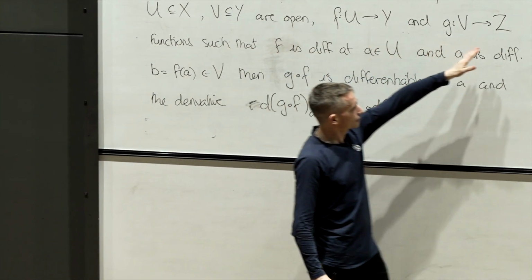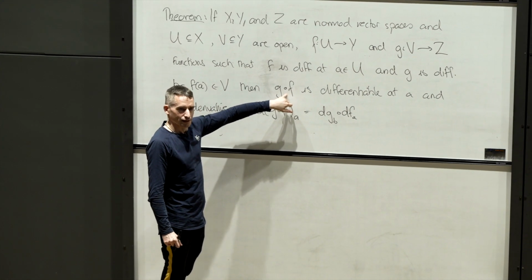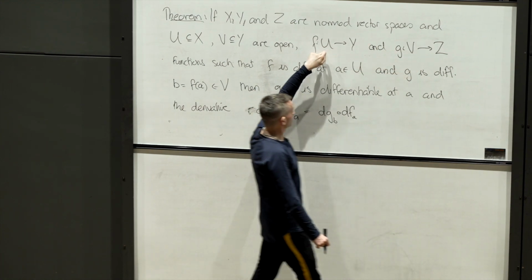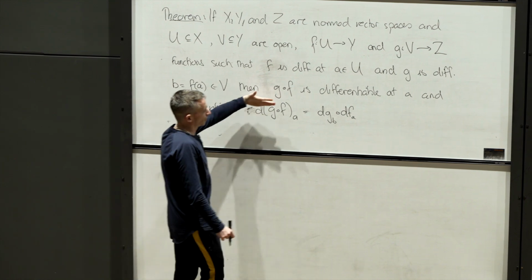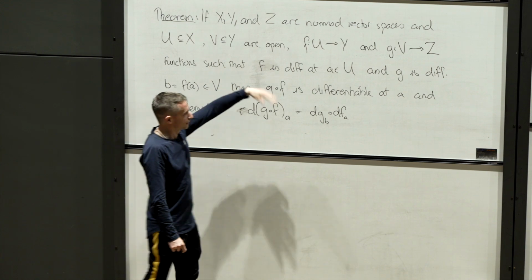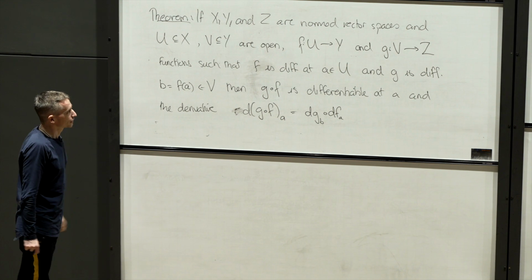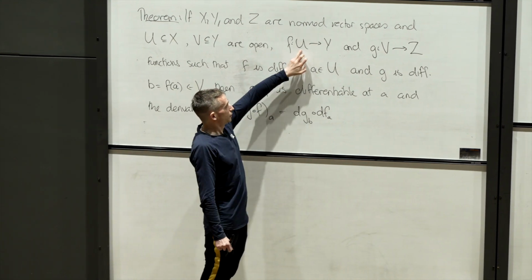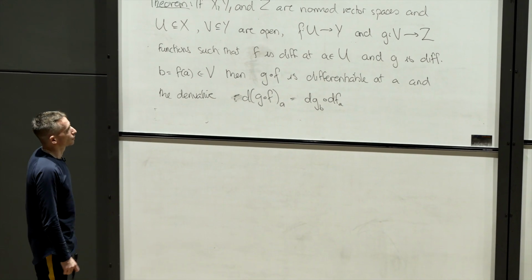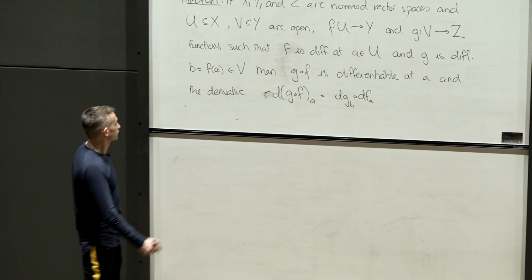Okay, I just wrote the composition here. If you set it up in this generality, it's slightly messy to write down precisely what the domain of definition of this thing is. It's the intersection of the preimage of V with U. But if f is differentiable at a, it's continuous at a. And so if you're near b, your preimage is near a. Since U is open, the composition is defined in some open ball around a, which is all you need in order to understand whether or not it's differentiable.